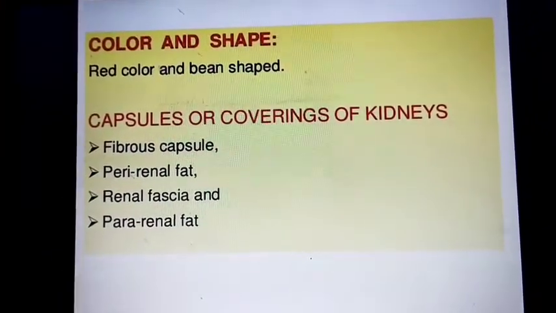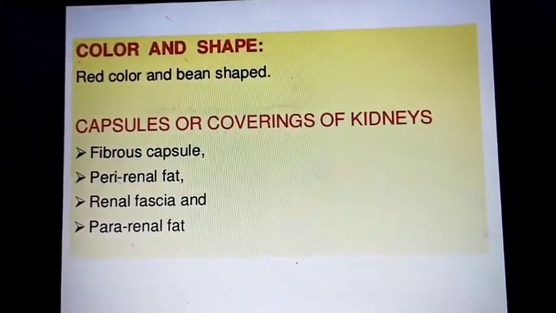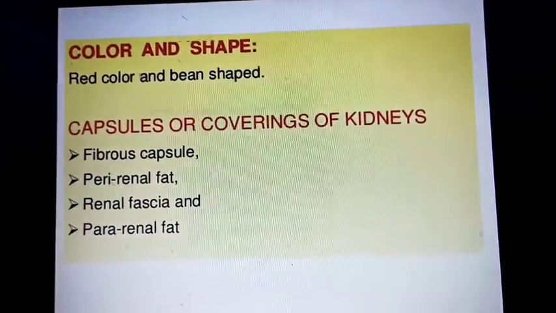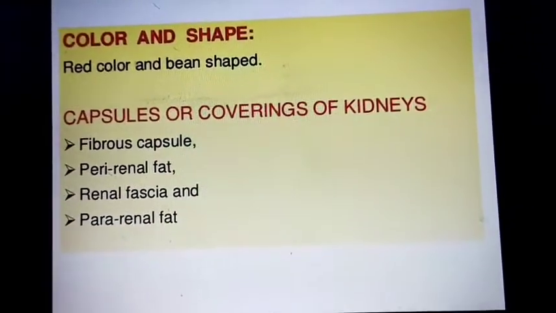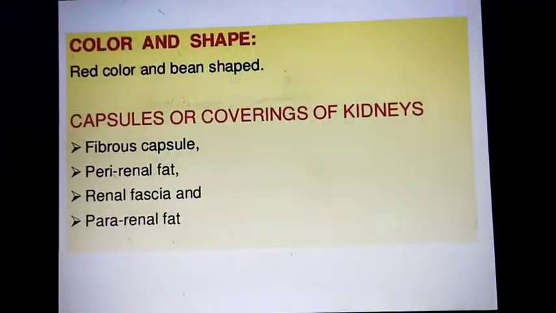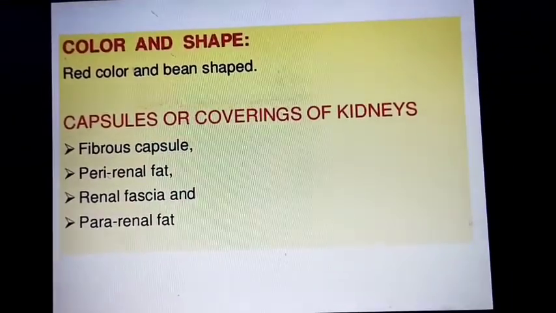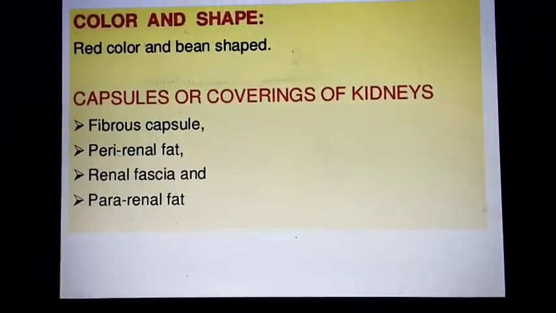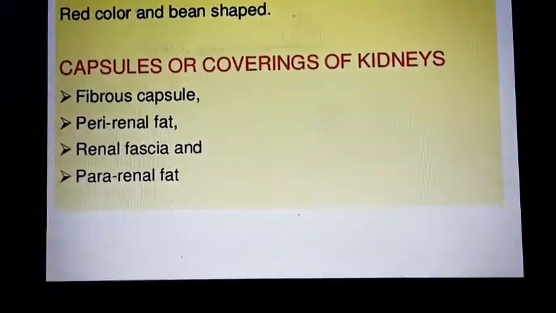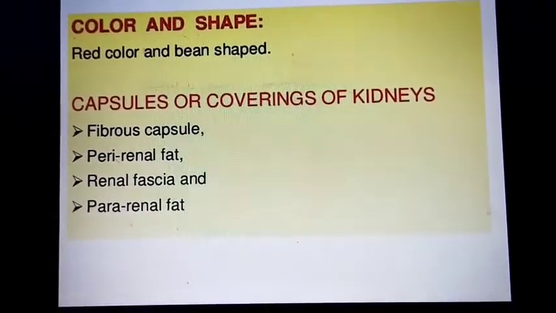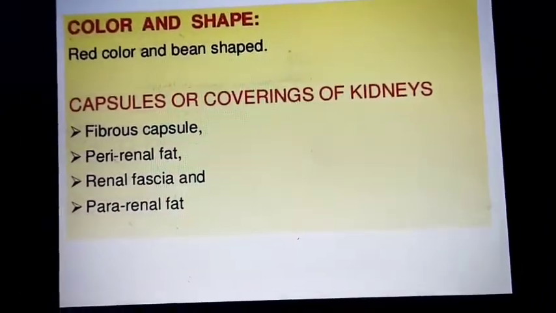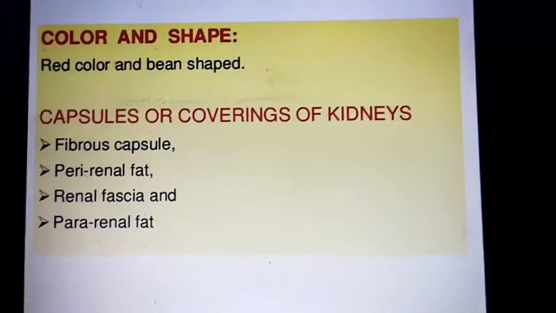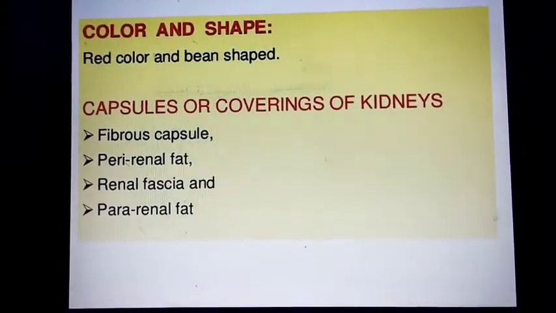Peri means just surrounding, para means outside; peri means just around, like periphery. Peritoneum is stretched around, like that. Peri means stretched just above the renal surface. Para means outside. Okay, we can go to the next slide.